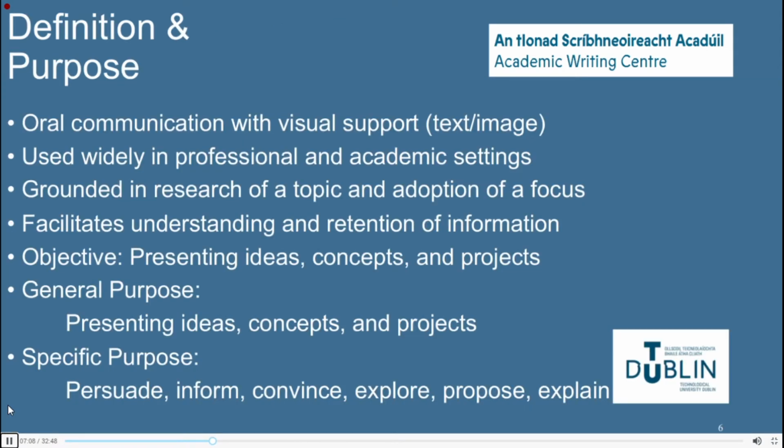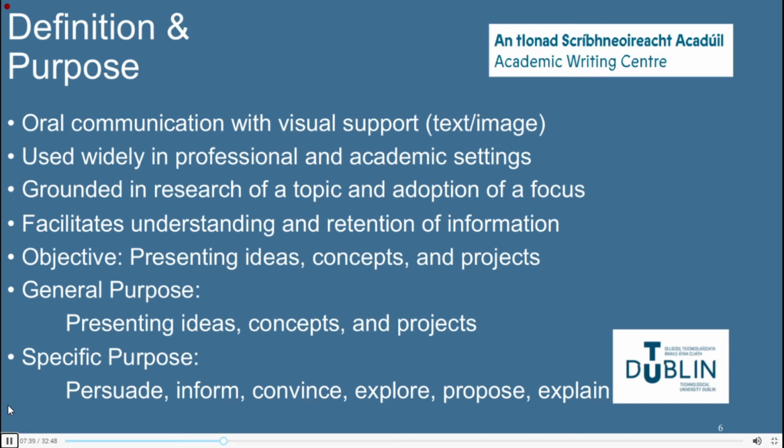We now move on to providing a definition of presentation. We can say that a presentation is an oral communication exercise with visual support, either text and image or with text and images. It is used widely both in academic settings and in the professional world.